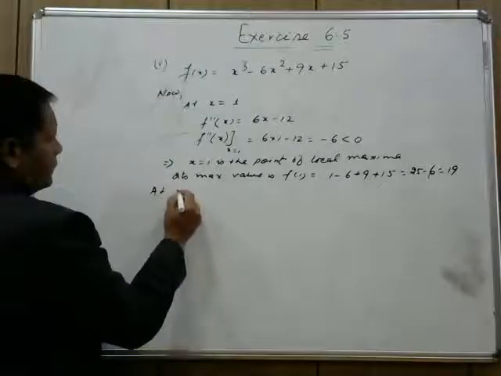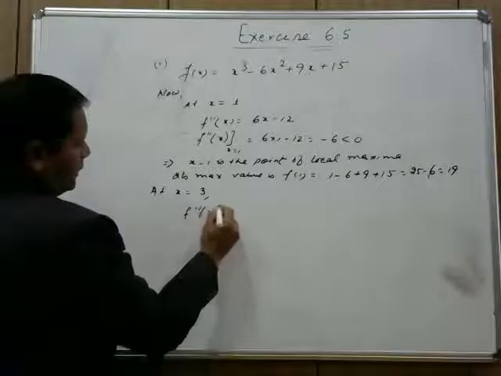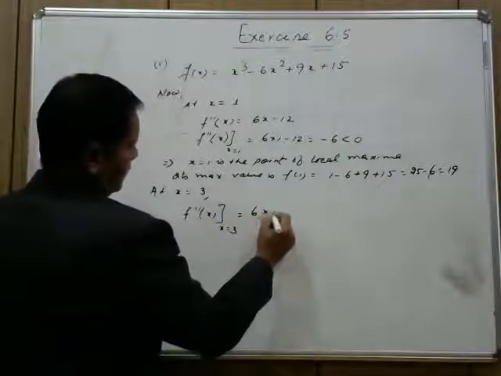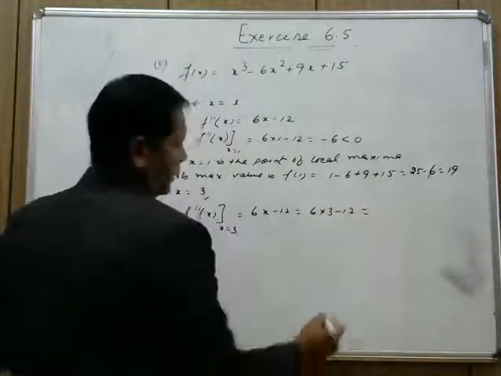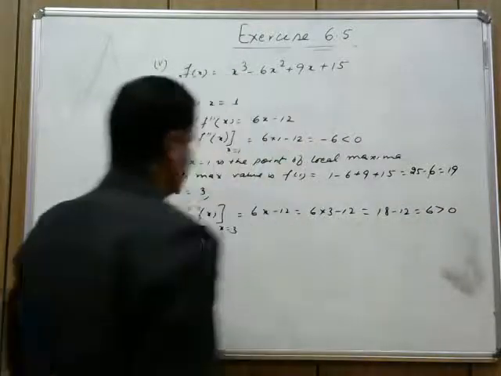At x is equal to 3, f double dash of x is equal to 6x minus 12, which is 6 into 3 minus 12, 18 minus 12, 6, which is greater than 0.